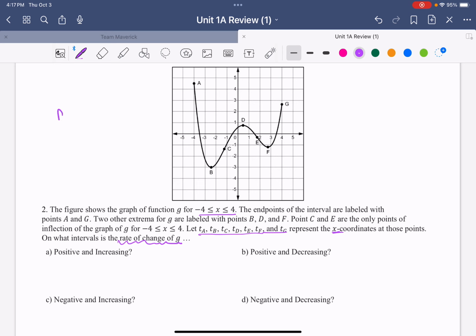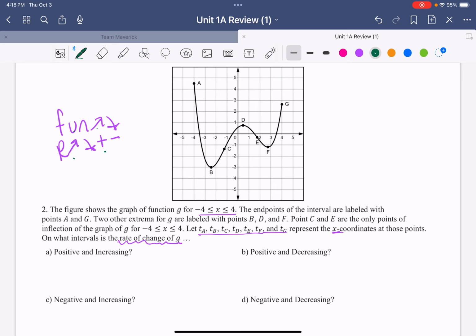So if I'm talking about the rate of change, I want my fun chart. Okay, so if the rate of change is positive and increasing, I am looking for the function to be concave up and increasing.